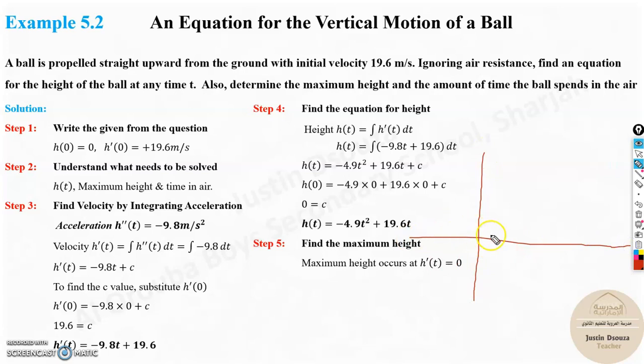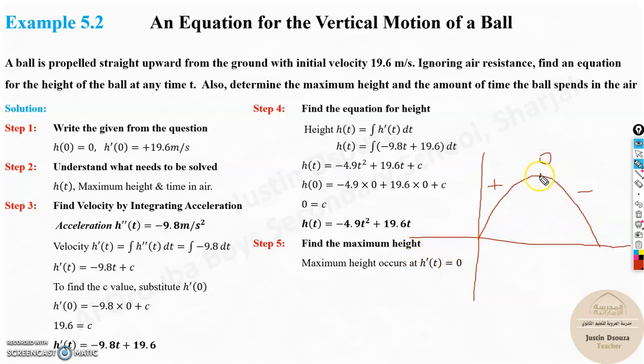You start projecting something. It goes up and then it goes down, right? So when is the height maximum? See, the velocity is decreasing after a certain point. Over here the slope is plus, here it's minus, right? When is it maximum? When the velocity is zero.